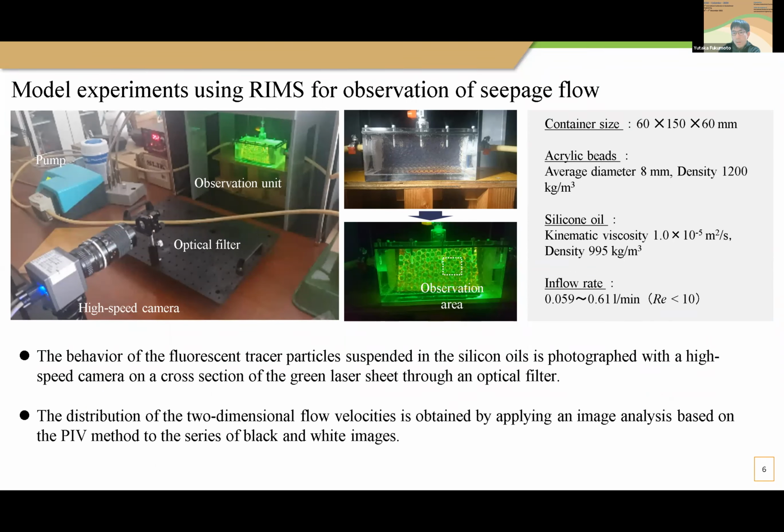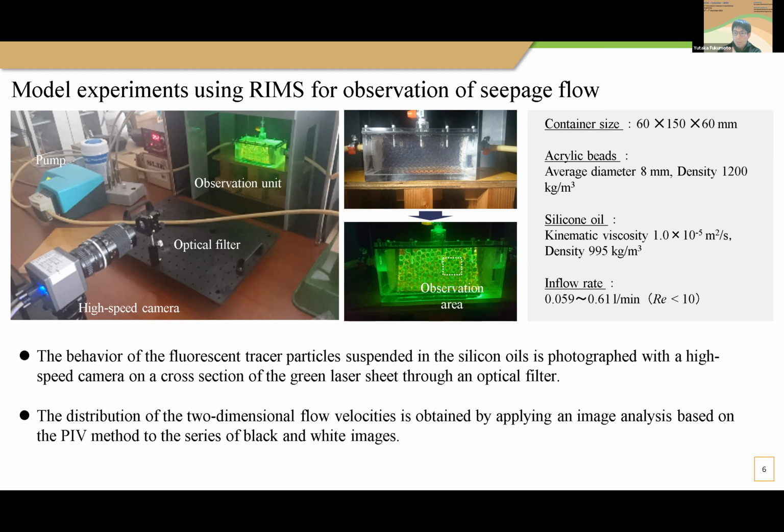Now we will describe the procedure of the model experiment. The average particle size of the acrylic beads is about 8 millimeters in diameter. Other conditions are listed in the right table.